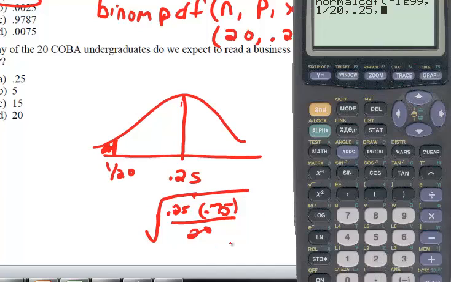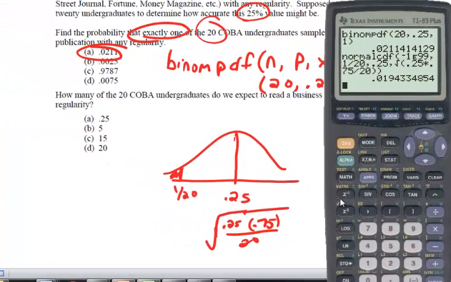I'm just going to put all that in rather than having to compute it again. So the square root of 0.25 times 0.75 divided by 20. And we get 0.019, which you got to admit is pretty close to 0.0211. 0.0194 and 0.0211.